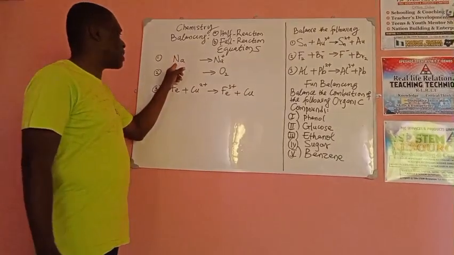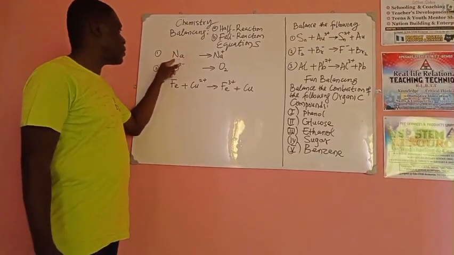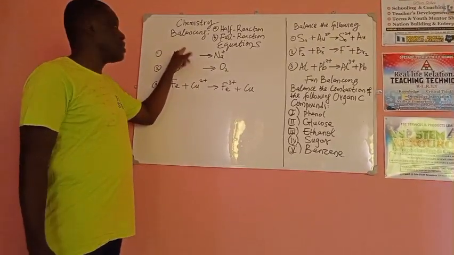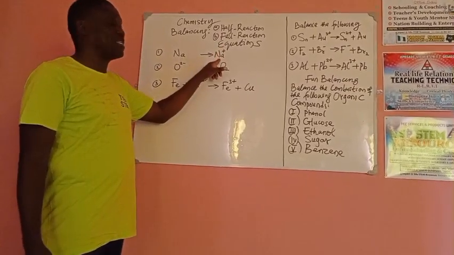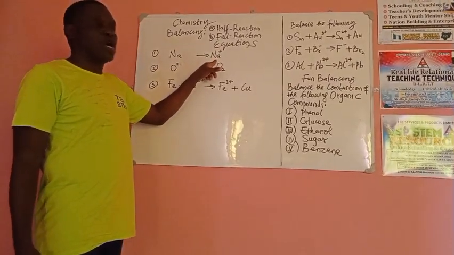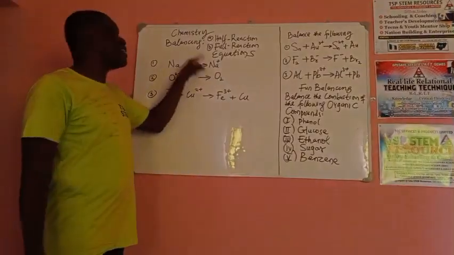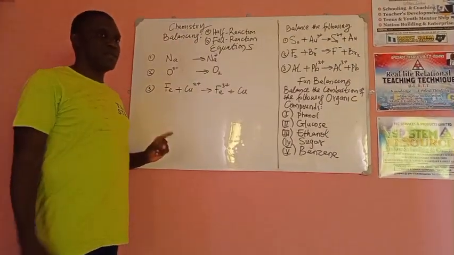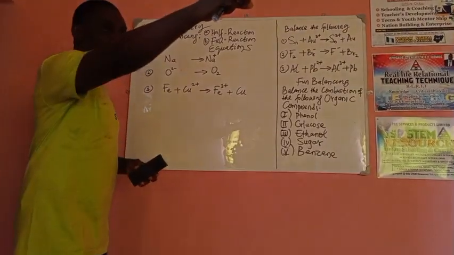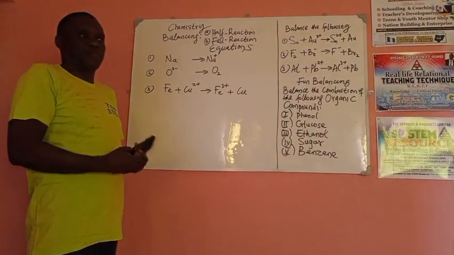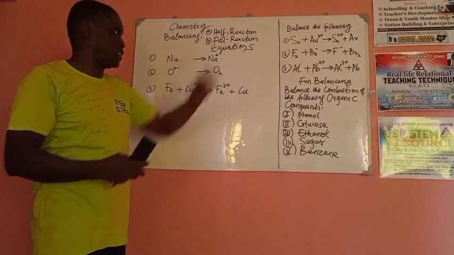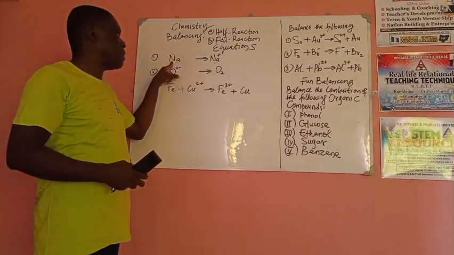So the oxidation state has increased from 0 when it carries no charge to +1 when it is ionized. And so when that happens, we see that sodium element has been reduced because it has lost electrons to become positive, from sodium element to sodium ion.